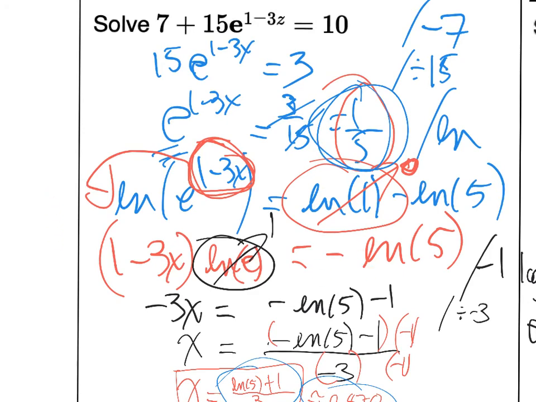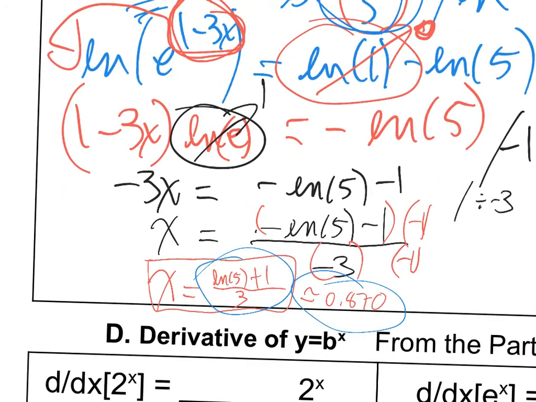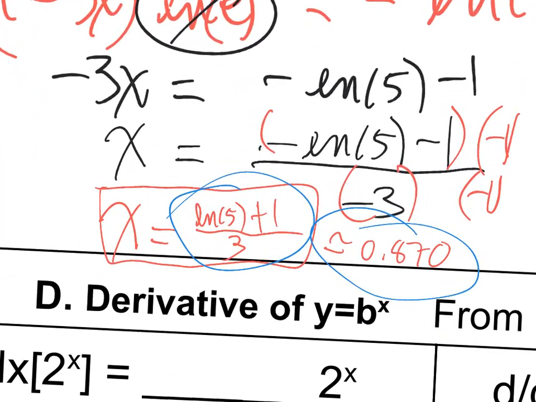And the last part would be this notion that if I have negatives there and there, I can multiply the top and bottom by negative 1, which doesn't change anything, and I just end up with positives. Then I have two possible answers. One is exact, one is approximate: ln 5 plus 1 over 3, or 0.870.